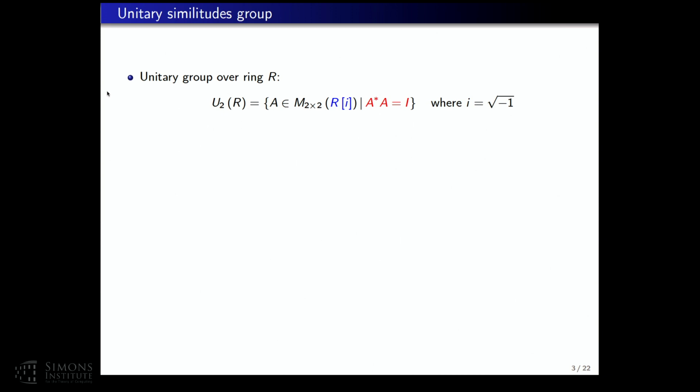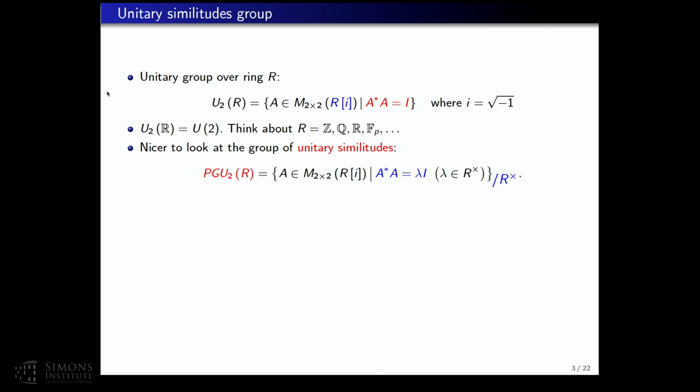So take i to -i. These are the unitaries. So if I take for R the reals, I get the unitary matrices you know from first year linear algebra. But think about other rings as well. Think about the integers or even finite fields. And you can do the same for any ring you like.